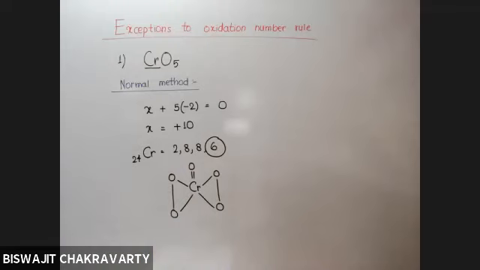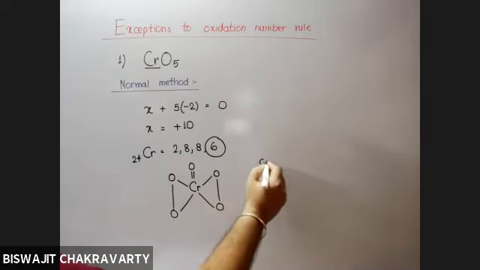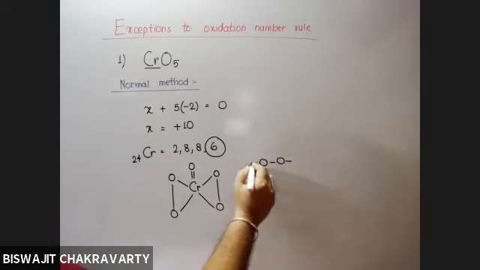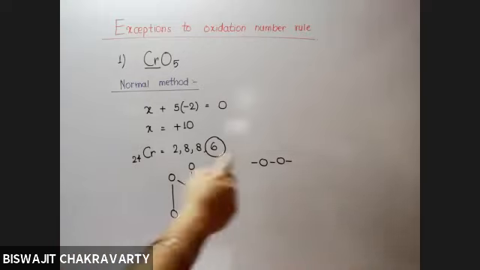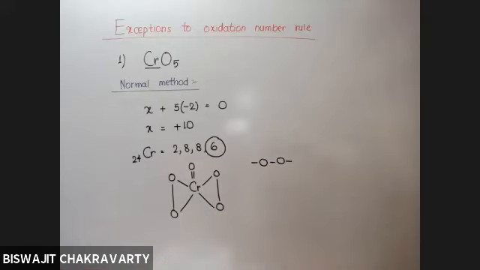It looks like a butterfly, because of which it is said to have butterfly-like structure. Now, the moment I draw the structure of chromium peroxide, we see that not all oxygens are normal oxygens, because if oxygen is present in this bonded form, we call these oxygen as peroxo-oxygen, and this linkage is called peroxo linkage.